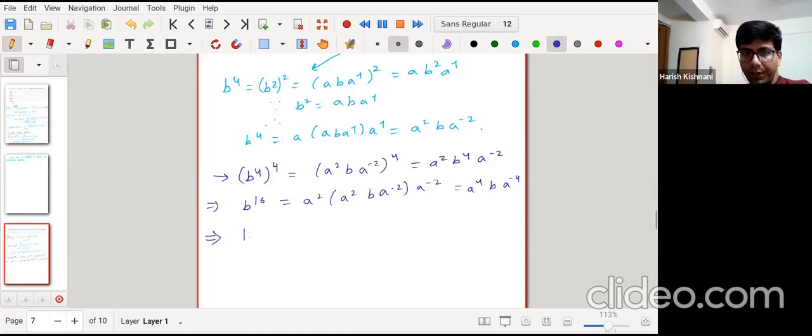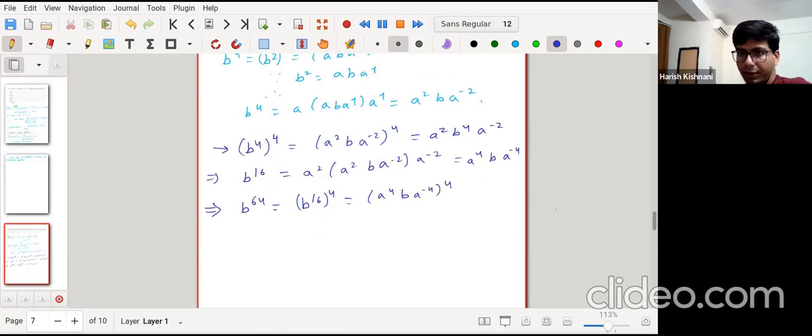We know that if we take the fourth power again, then it will be b raised to 16 times 4. That is a^4 b a minus 4 whole raised to 4, and that is a^4 b^4 a minus 4.